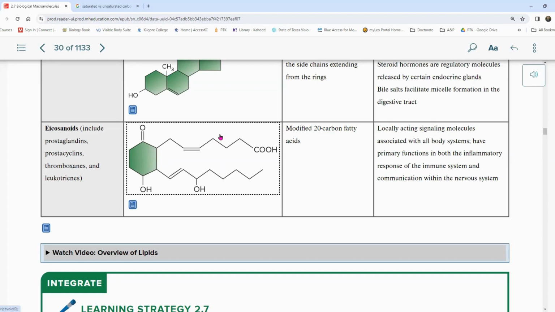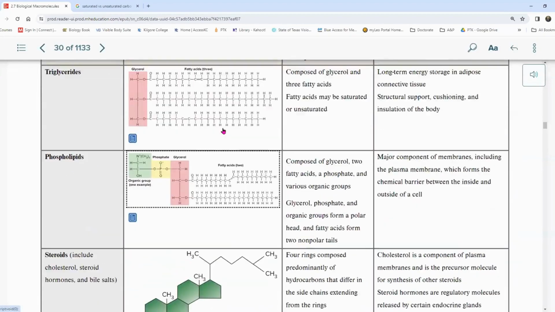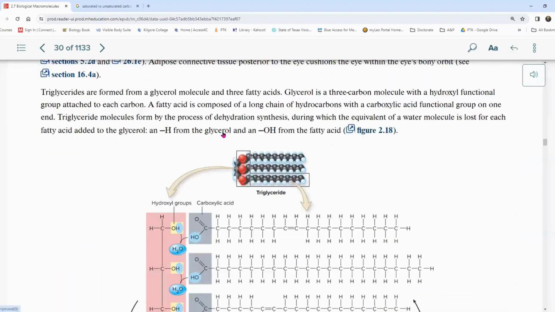If there is some type of foreign antigen in your body, they're also part of the response to fighting that. So this is very important for our body to have. So these are the four basic classes of lipids.